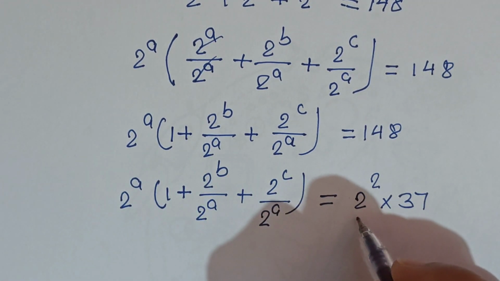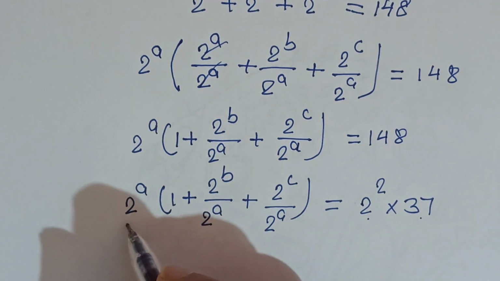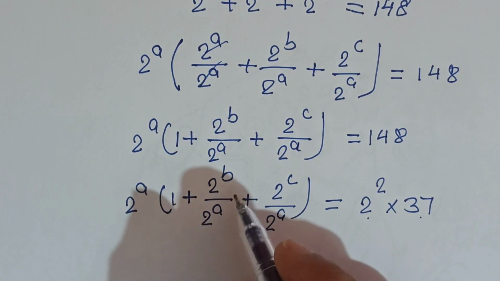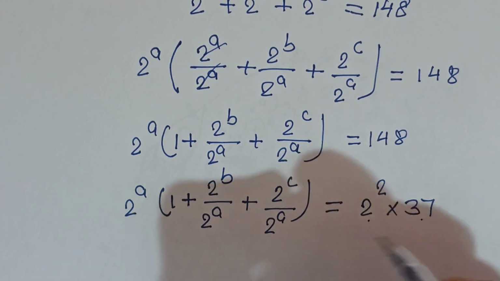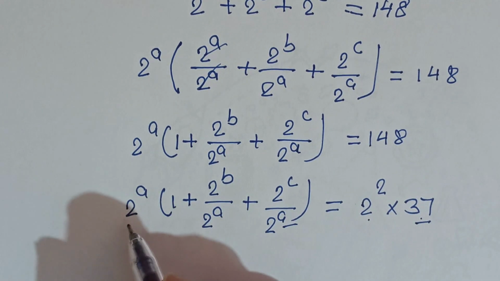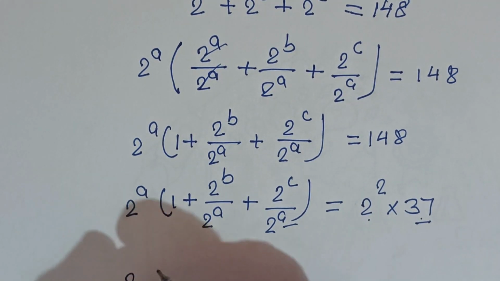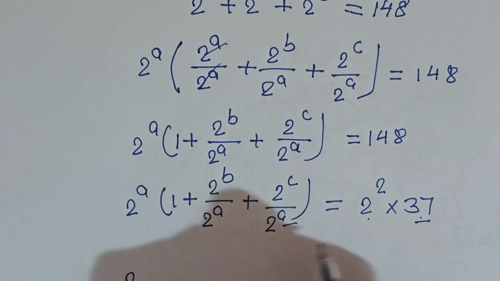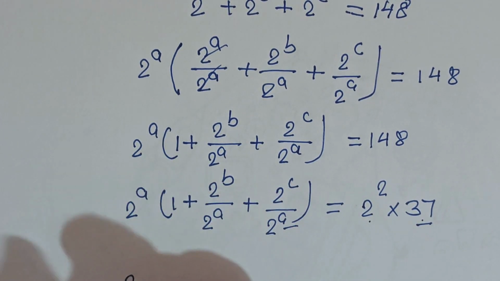Here one is an even number, the other is an odd number. 2 to the power a is the even number, base are same, and 1 plus 2 to the power b over 2 to the power a plus 2 to the power c over 2 to the power a is the odd number, so this and this are equal, and 2 to the power a equals 2 to the power 2. Even factor and even number are equal, and odd factor and odd number are equal.